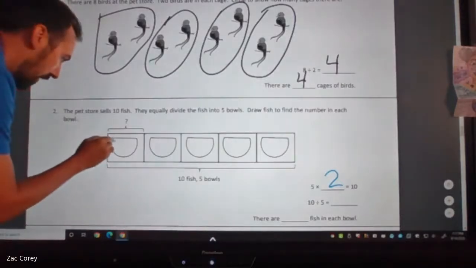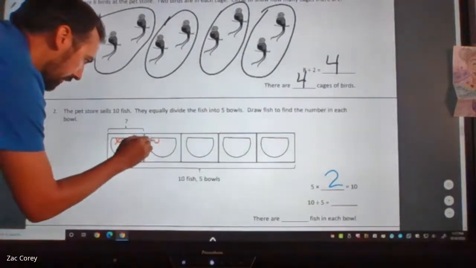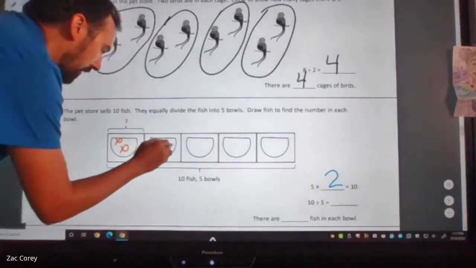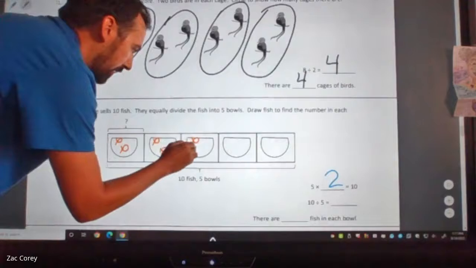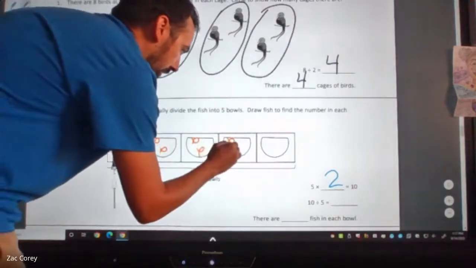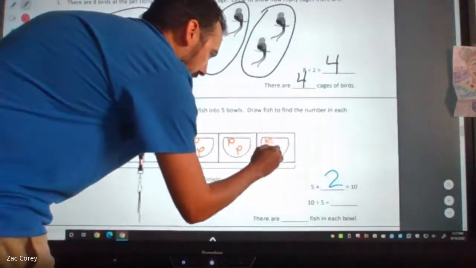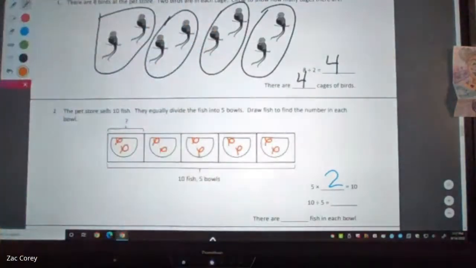You can draw your fish however you want, but I'm going to draw mine like this. All right. 2 fish in each bowl.